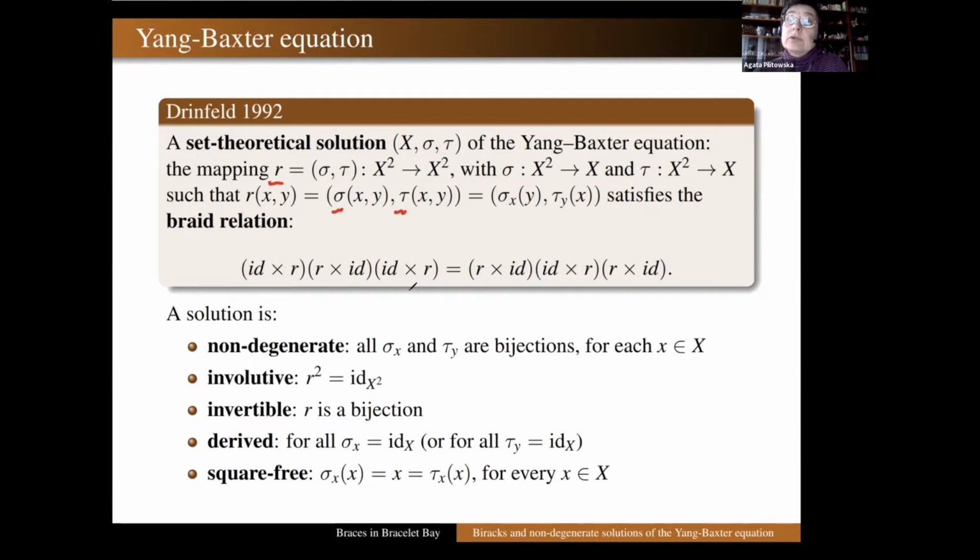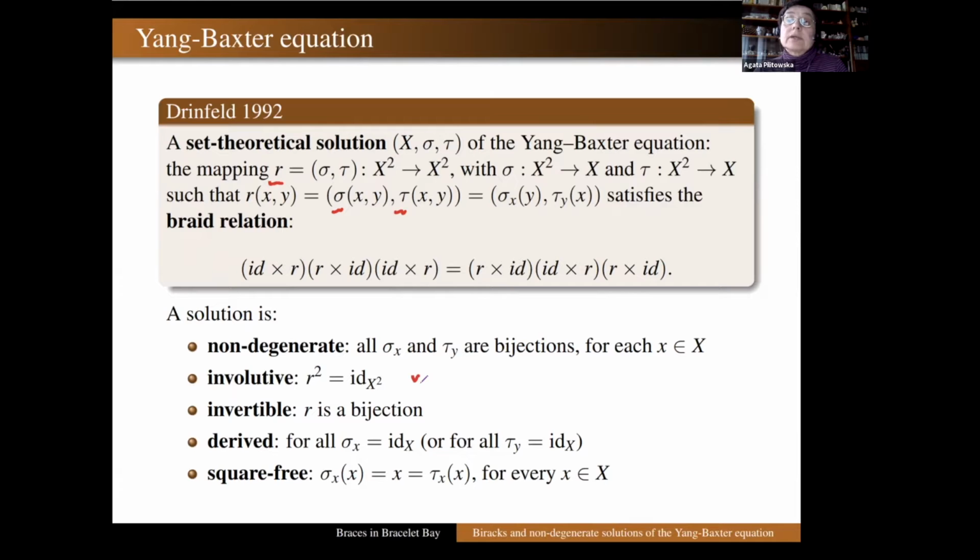In particular, we say that a solution is non-degenerate if all sigma x and tau y are bijections, involutive if the mapping R squared is the identity.